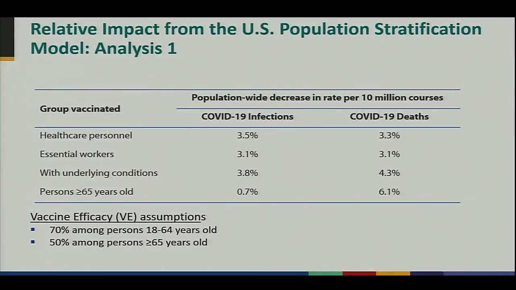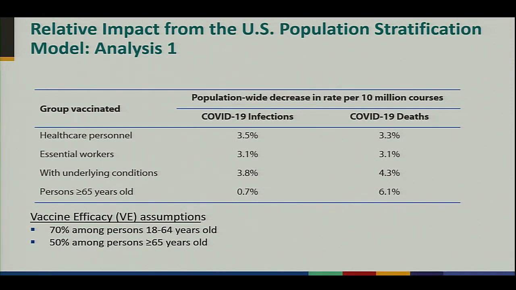For our first analysis, where we assumed VE was 70% among adults 18 to 64 years old and 50% among adults greater than or equal to 65 years old, you'll see the population-wide decrease in rate of COVID-19 infections and COVID-19 deaths per 10 million vaccine courses.